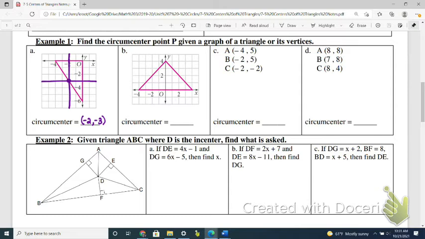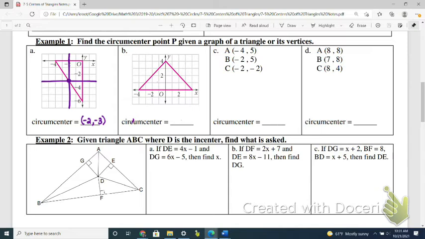So if I look at example 2, I can do a right angle test on the angle that is up top. I can get an index card or a piece of paper and just see, is that a right angle? So in this case it is. So I know the perpendicular bisector or the circumcenter is going to meet at the midpoint of the hypotenuse.